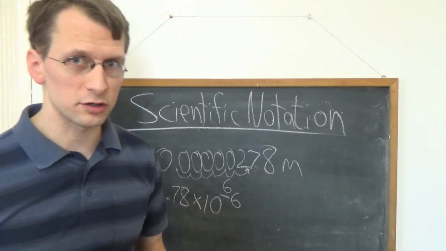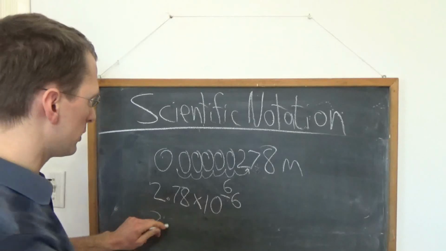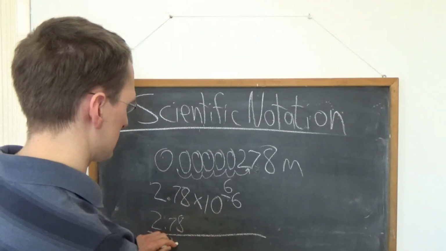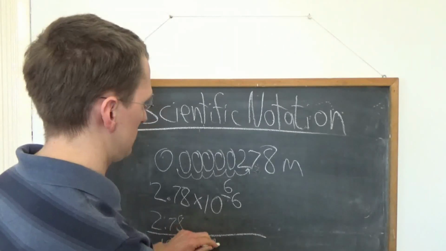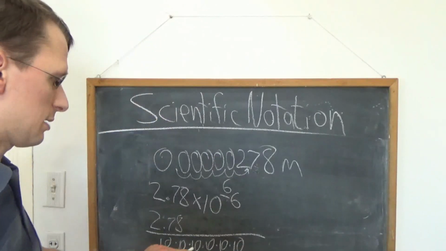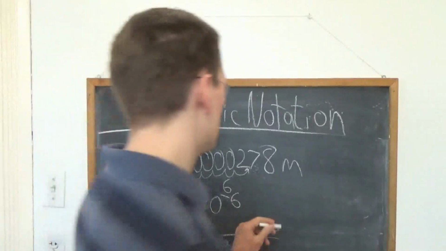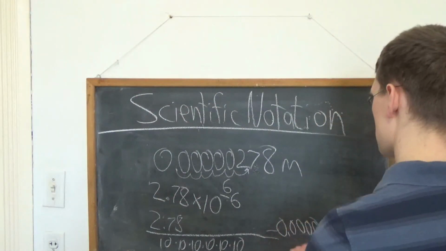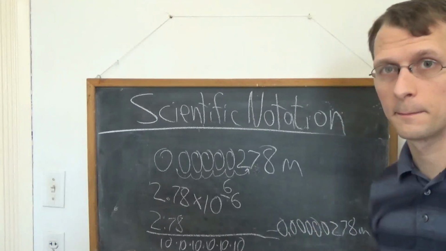And essentially what you're saying with that negative is that if we took 2.78 and divided by 10, times 10, times 10, times 10, times 10, times 10, 6 tens, that would give you 0.0000278 meters.